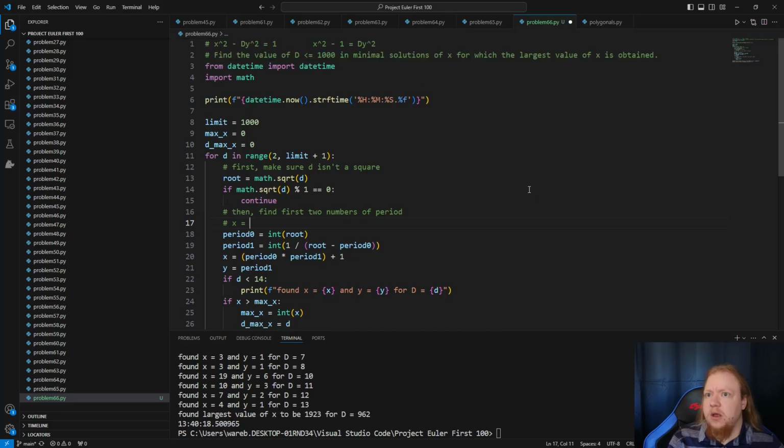So x equals square root, let's say x squared is equal to 1 minus the y squared, which means that if we have d, it has to be multiplied by a square.